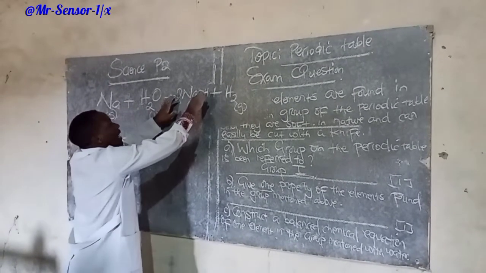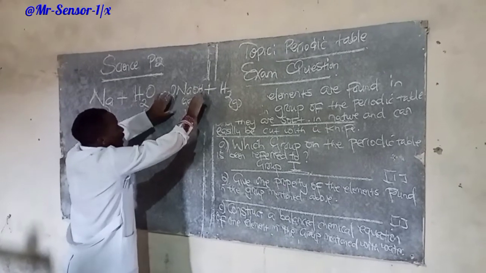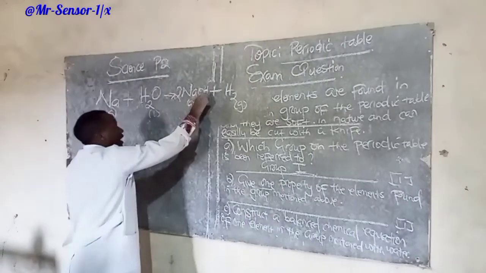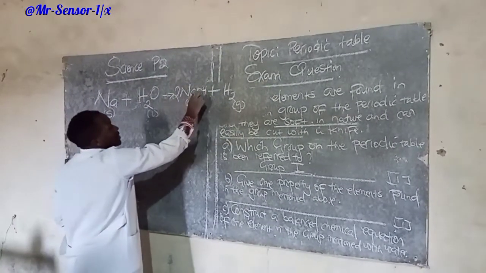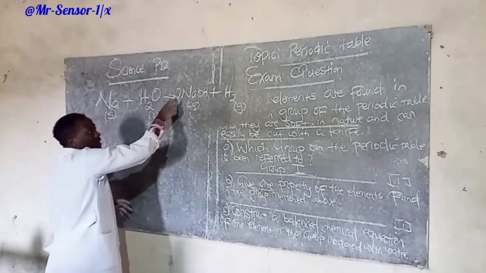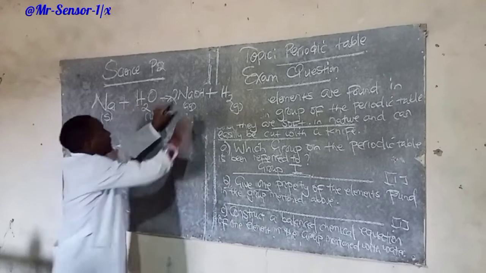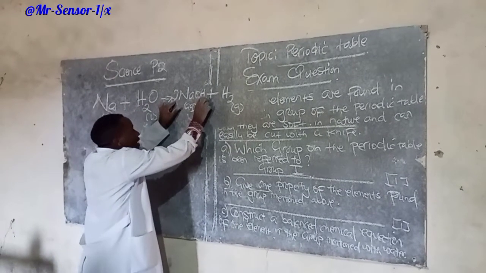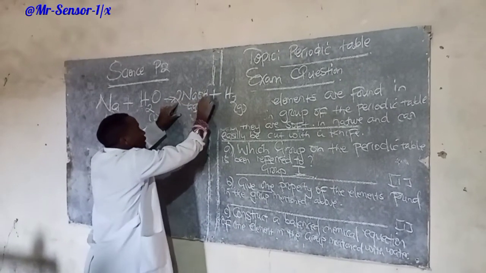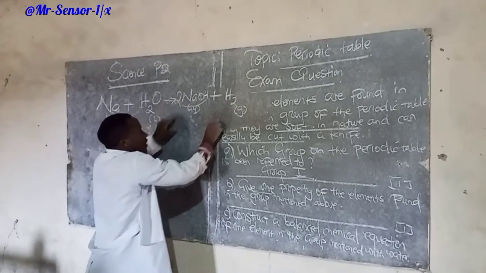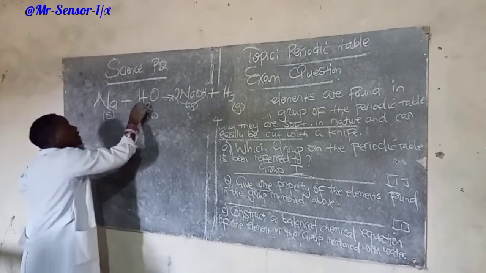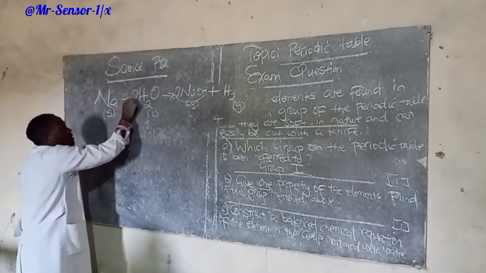This 2 will balance hydrogen. Hydrogen has become 2, and oxygen also has become 2. This 2 is enabling hydrogen to be 2 plus this H2, so hydrogen has 4 atoms. So to balance with these, we are going to put a 2 here.